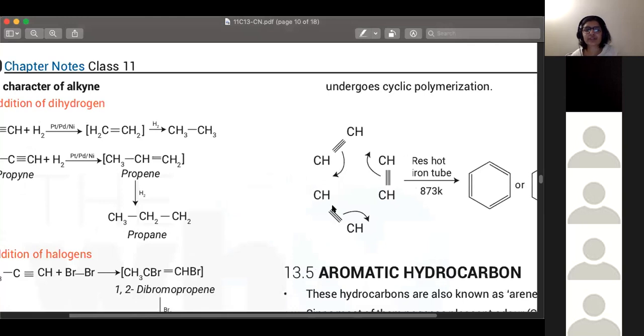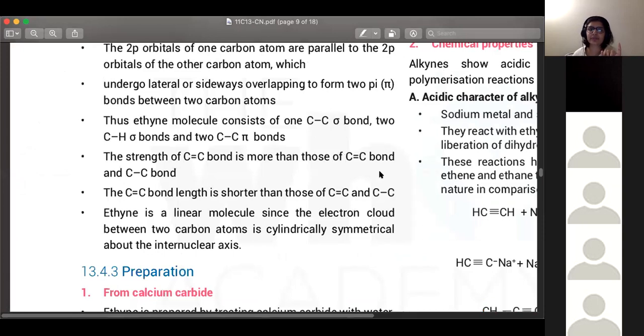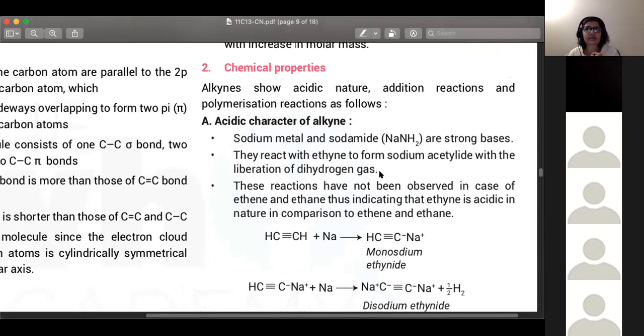Cool. So ethyne is pretty easy. Preparation, there's two ways. You've got your industrial method and you've got your laboratory method, which is basically dehydrohalogenation of vicinal dihalides. When it comes to chemical properties, alkynes show acidic nature.